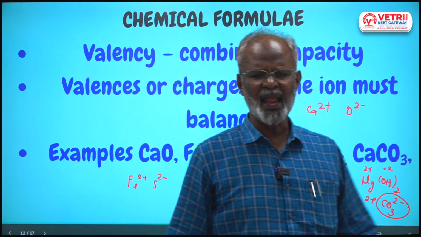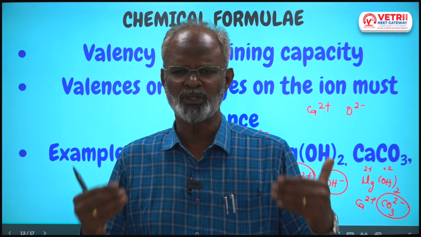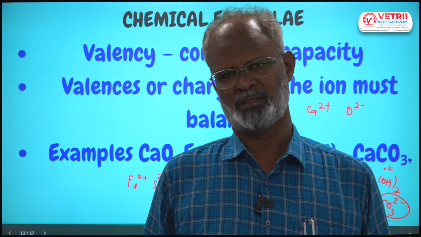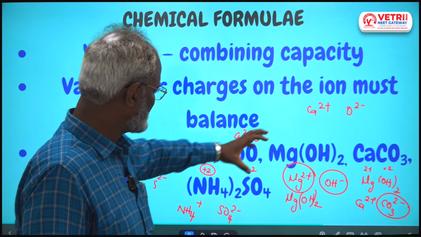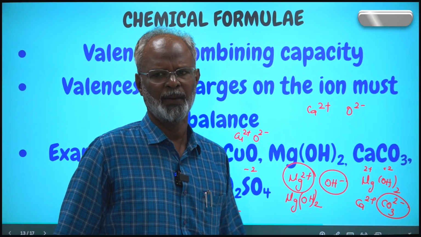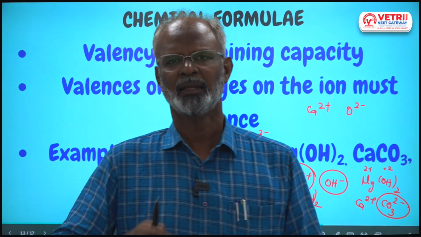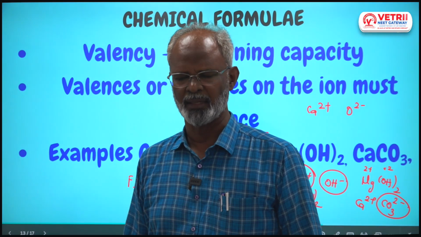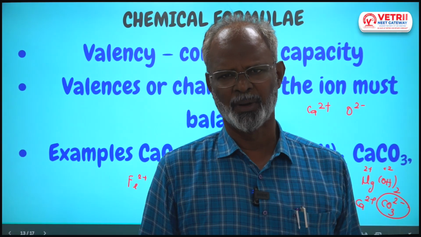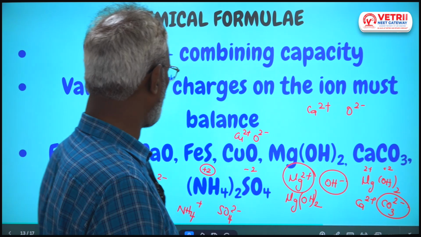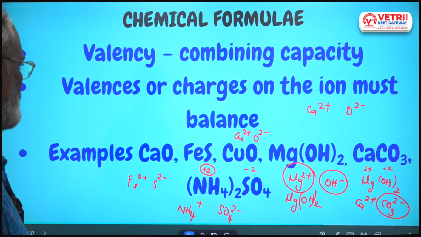So when you write ionic compounds, the charges have to balance. The positive charge of the cations equals the negative charge of the anion, so that the molecule is neutral. Always have that in mind when you write the chemical formula for molecules.